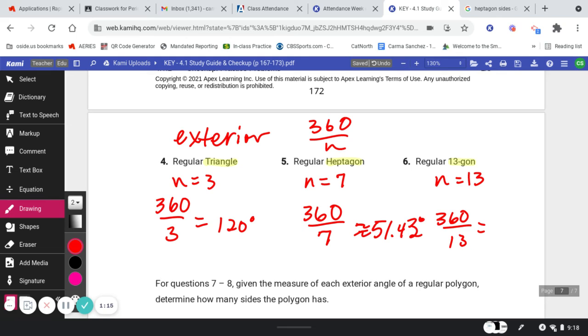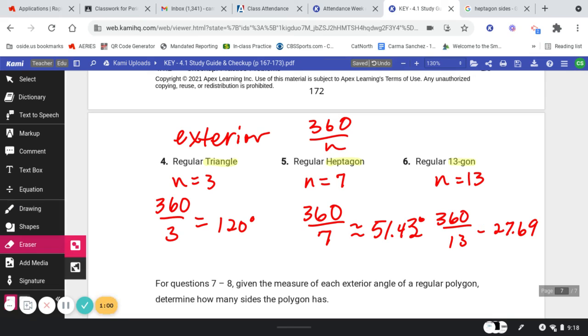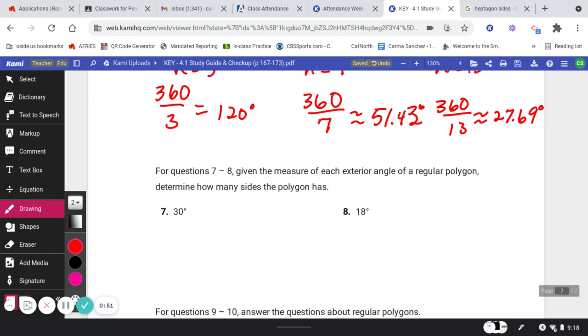So this one's approximate. And then finally, 360 divided by 13 is also going to be rounded, 27.69 degrees. And these are for the exterior angles using that little formula.